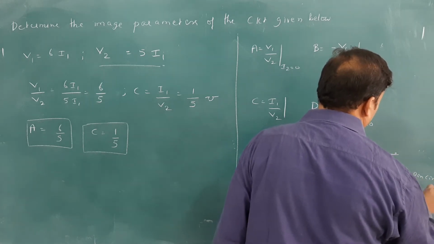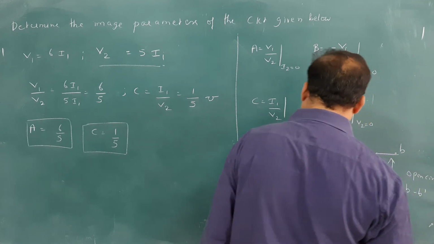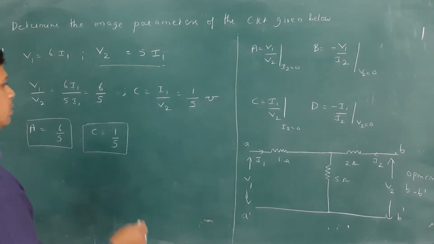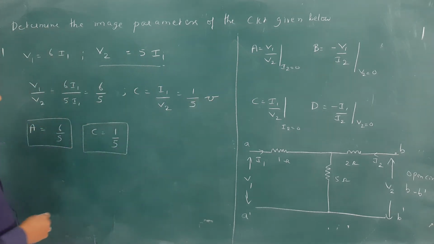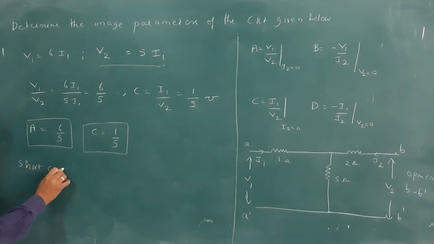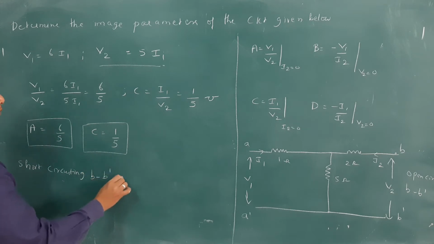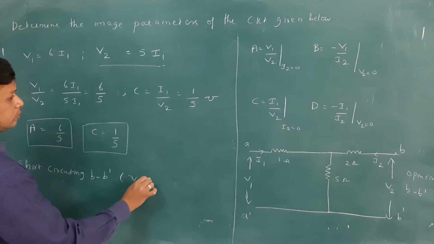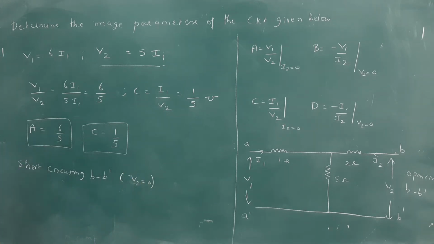This is AA dash, and this is BB dash. Short circuiting BB dash means V2 is equal to 0. So now we have done this one.